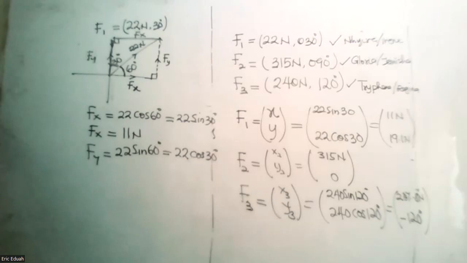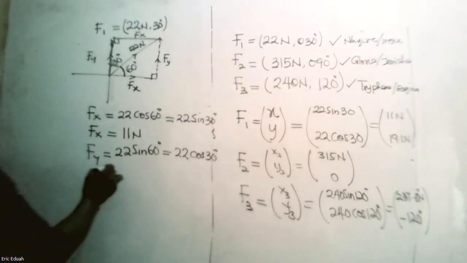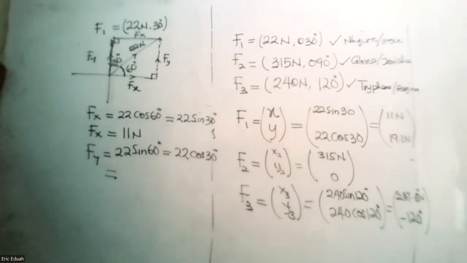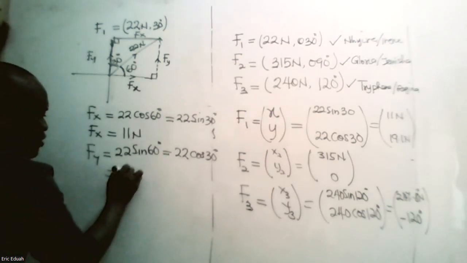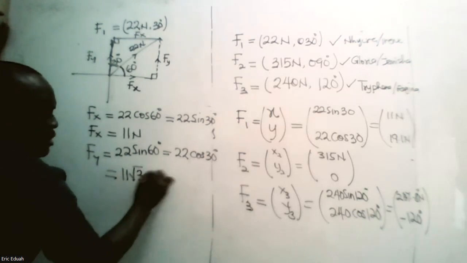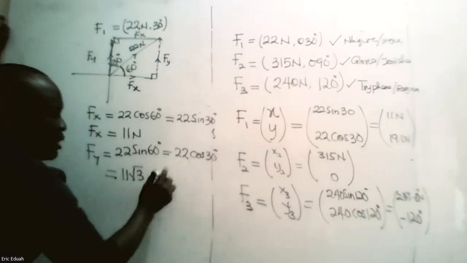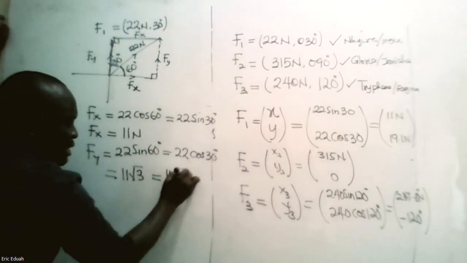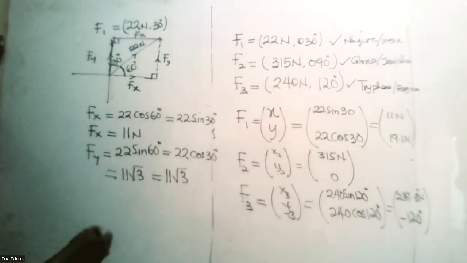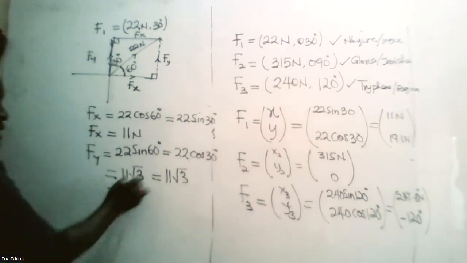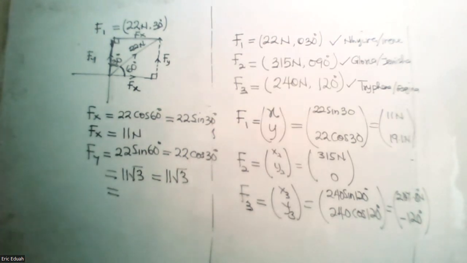Now what is sine 60? Sine 60 is root 3 on 2, also 0.8660. So 11 root 3. Cos 30 is also root 3 on 2, the same 11 root 3.